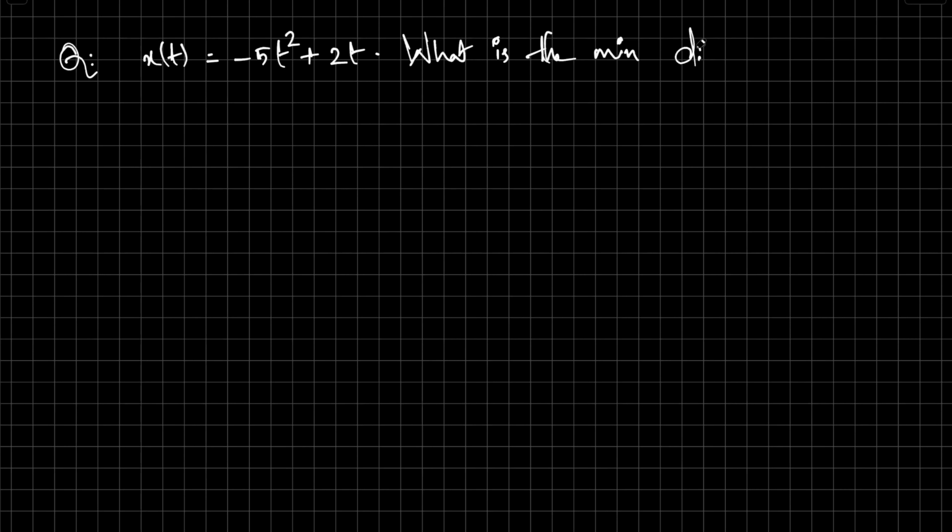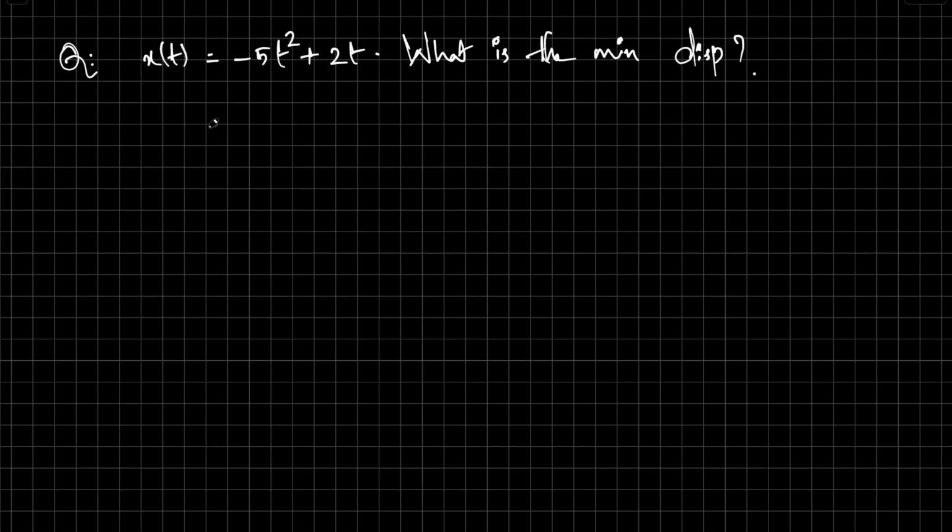Let's solve a problem. Position function is defined as minus 5t square plus 2t. What is the minimum displacement of this object? Okay.